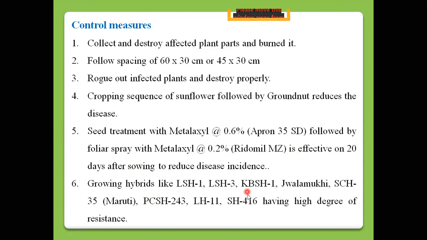These are the resistant varieties grown by farmers to avoid this type of infection in sunflower plants.